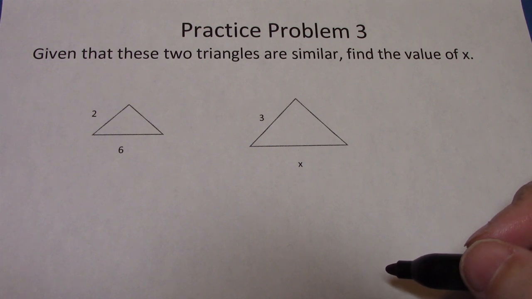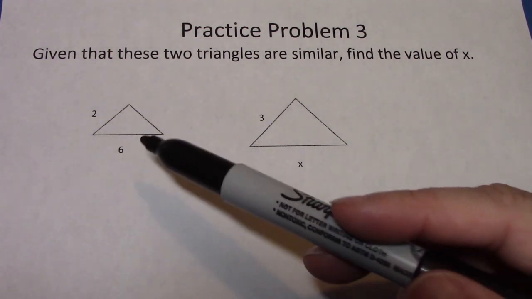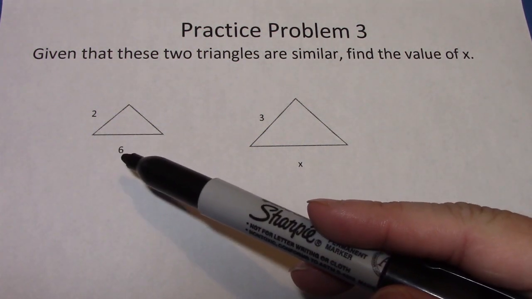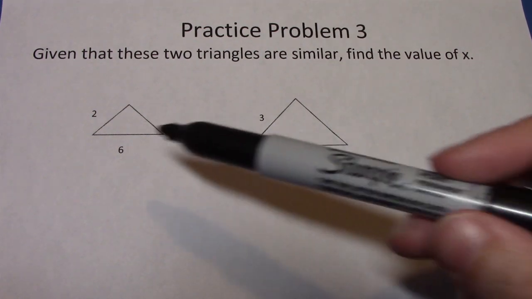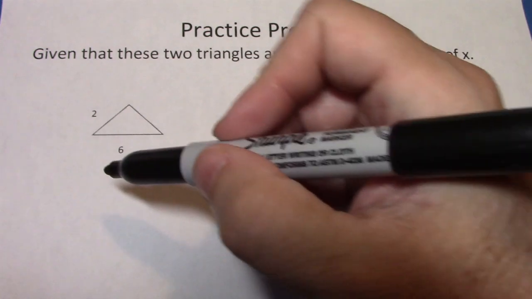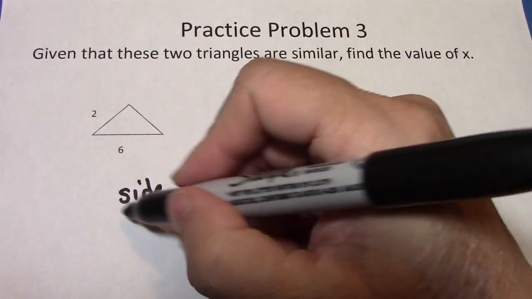Problem 3 says, given that these two triangles are similar, find the value of x. So we're told that they're similar, so that they have the same angles but proportional sides. So let's set up our proportion. Here we know, let's call it the side, the height, and the base.